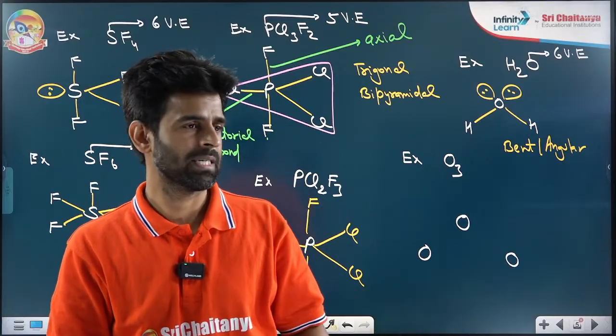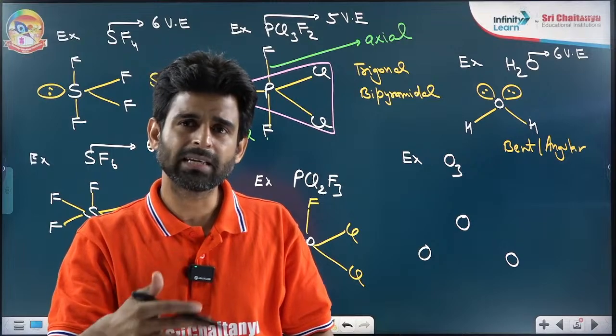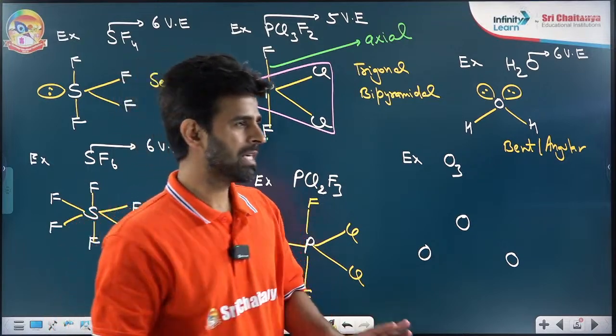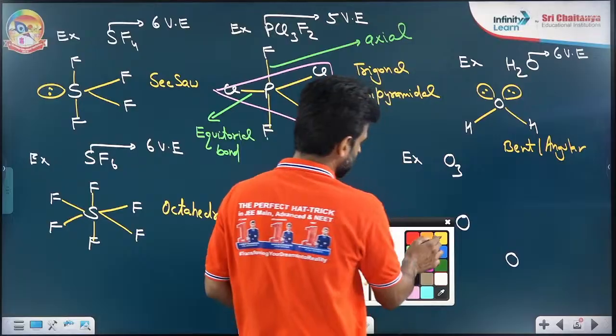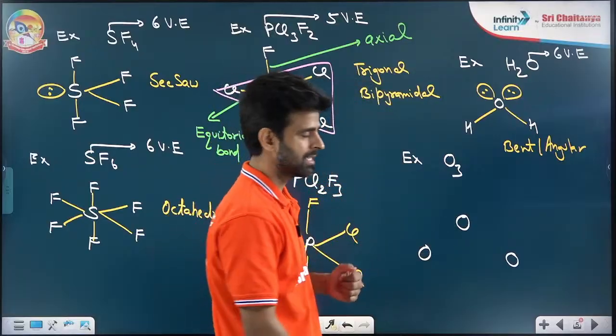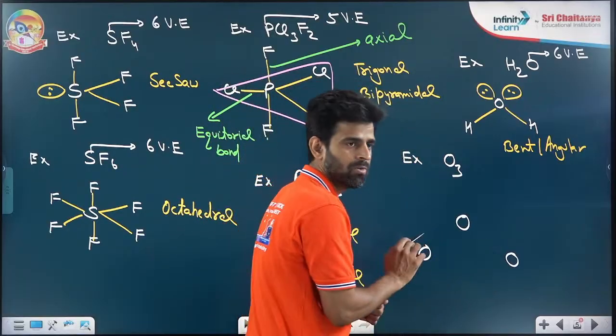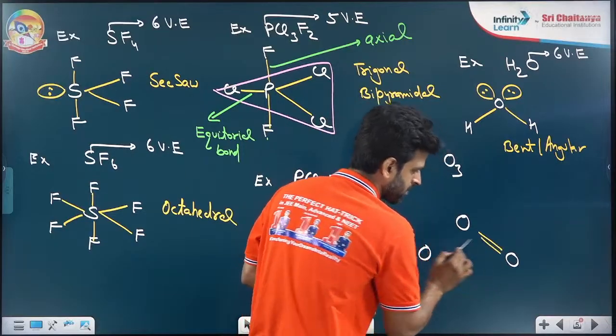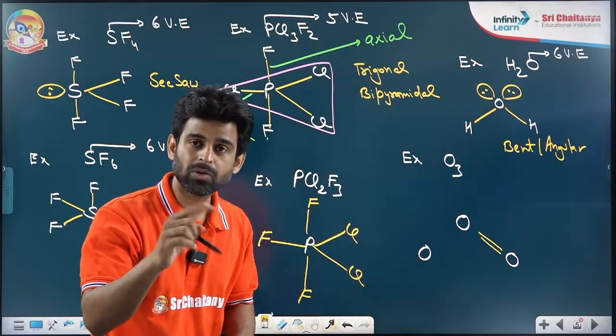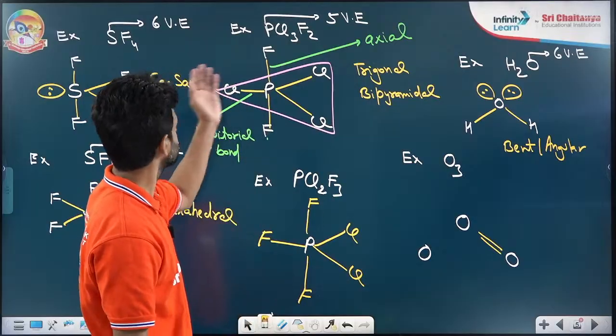Now think about it. Up to now we have done many examples, and we think this way: oxygen makes how many bonds? Oxygen as a surrounding atom can make a double bond, right? We have seen examples already.